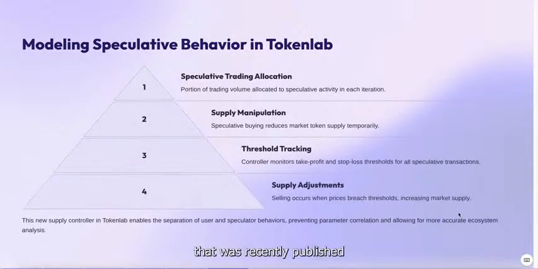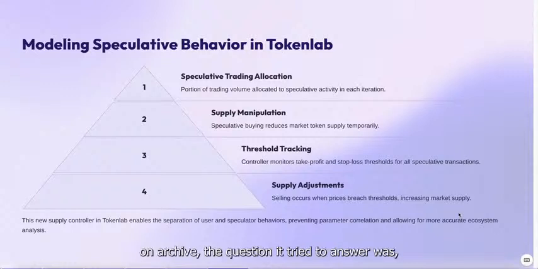The research that was recently published on arXiv tried to answer the question: how can you model speculative behavior, and what can we learn from that? We broke the problem down into a few different stages: first the supply adjustments, then the threshold tracking, the supply manipulation, and the speculative trading allocation.